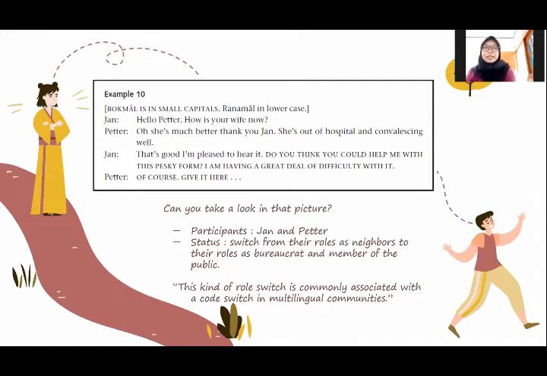Let me read another example. Bokmål is in small capitals, Ranamål in lowercase. John said, hello Peter, how is your wife now? And Peter answered, oh, she's much better, thank you, John. She's out of hospital and convalescing well.